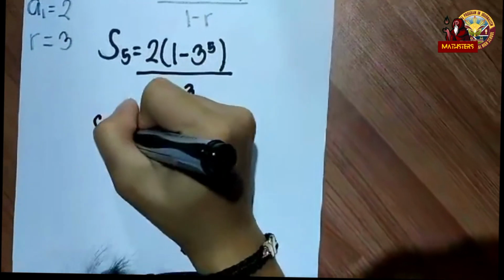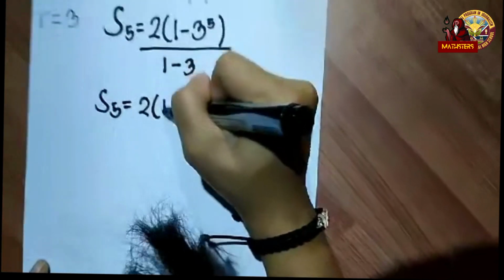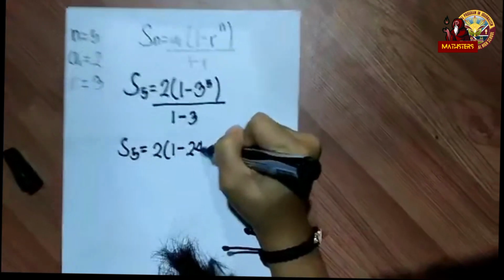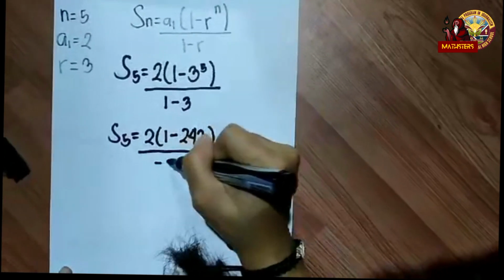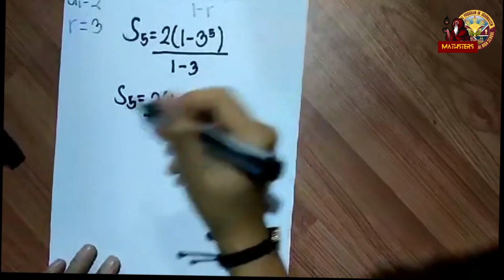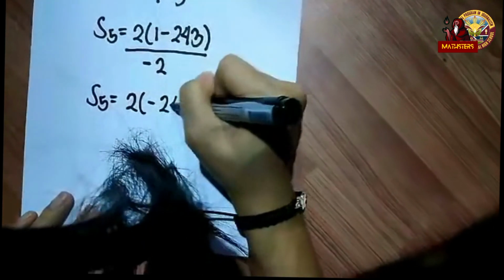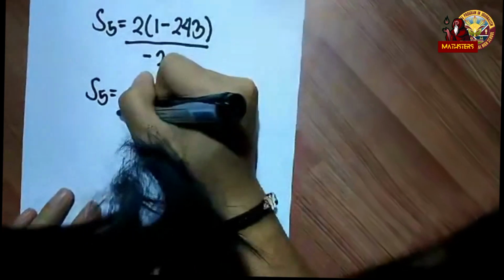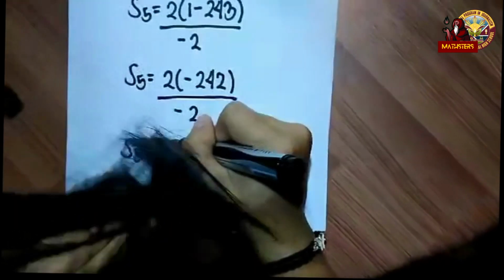Next to that, subtract natin si 1 sa 243, and still copy the 2 and the denominator which is negative 2. Na sinubtract na natin kanina, yung 1 minus 3. After, multiply 2 to negative 242 and that is negative 484.